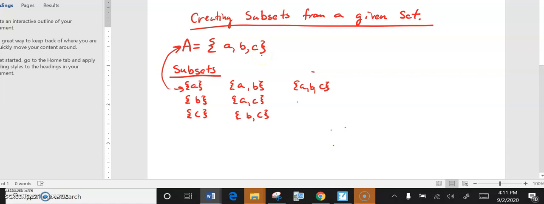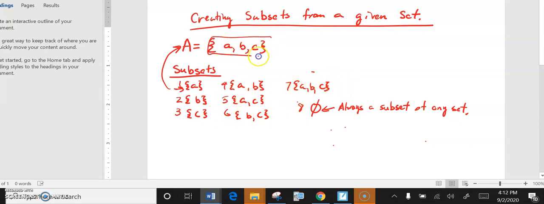And then lastly, and this is important, the empty set is always a subset of any set. Okay? Now, how many subsets do we have here? Let's count them. I have 1, 2, 3, 4, 5, 6, 7, 8. There are 8 subsets that we created from this set of 3 items.